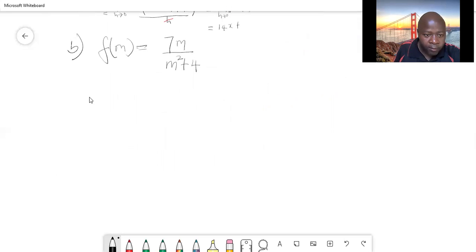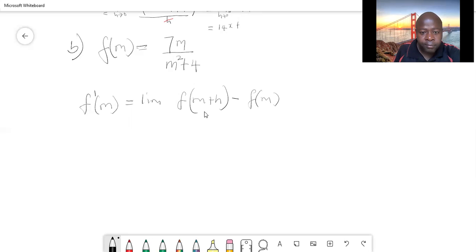So by definition, our derivative will be given by the limit of f of m plus h minus f of m over h as h tends to 0.